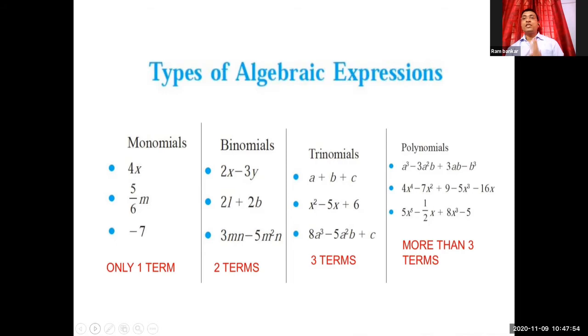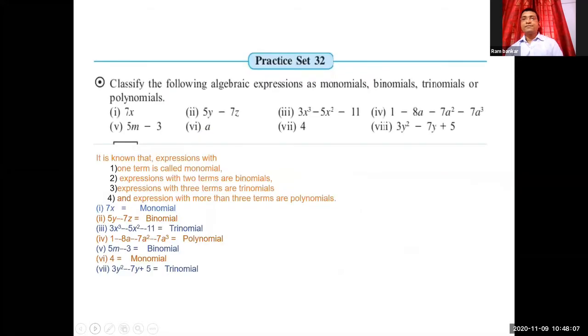With the help of these expressions, we will do addition, subtraction, multiplication, and division also. Okay, look at the next slide. This is practice set 32, dear students. You already know.